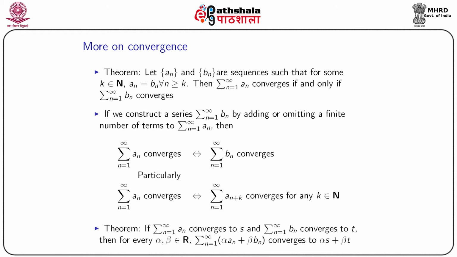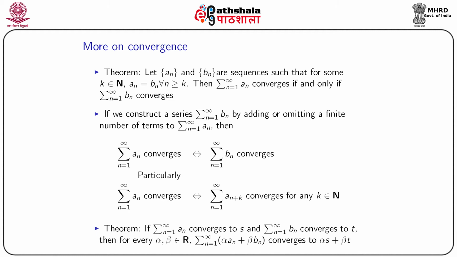Particularly, sum over n from 1 to infinity of a_n converges if and only if sum over n from 1 to infinity of a_(n+k) also converges for any k belonging to N. So even if we omit a finite number of terms, the convergence will not be affected.